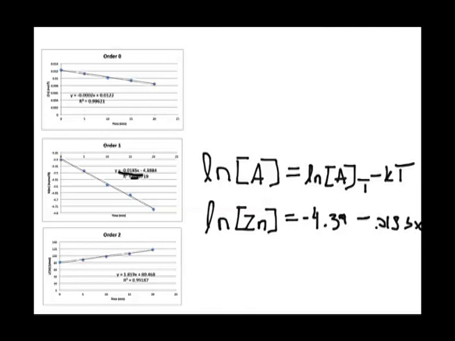Where this term x right here refers to the time. After this, we can state that the law of velocity of this reaction was velocity equals the constant, that is 0.0185, times the concentration of zinc with exponent 1.